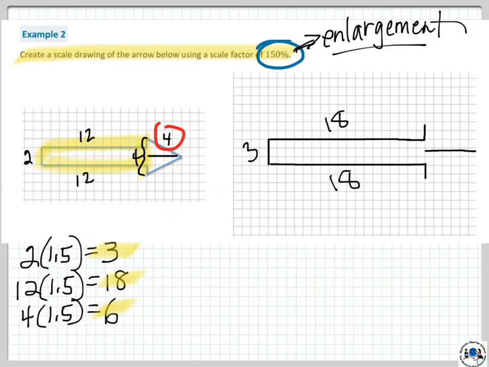Therefore, that line there is 6, and then I'm just going to go ahead and meet the end right there with my 2 diagonal lines. And there we go. Not pretty, not exactly beautiful, but functional, and all of the scaling is correct, and I'm satisfied.